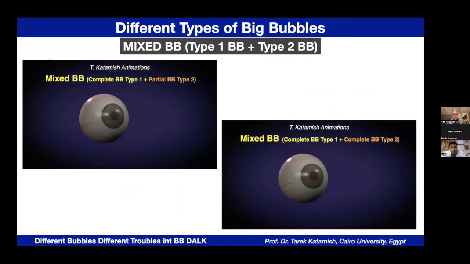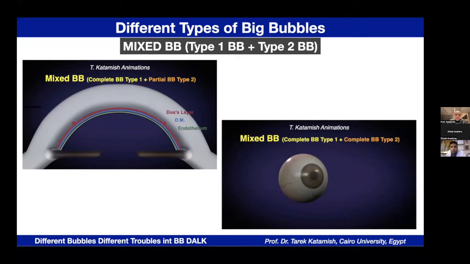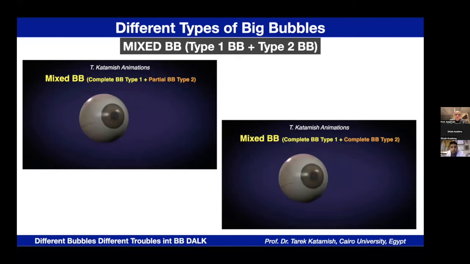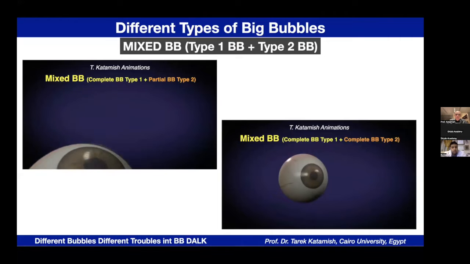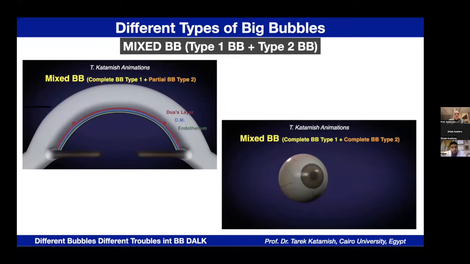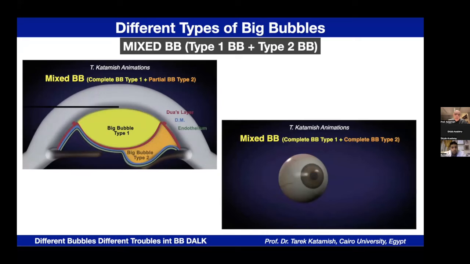We come now to a more complicated mechanics, what we call the mixed big bubbles. We have 2 types of mixed big bubbles. Either we have a complete big bubble type 1, in yellow color as you see, and another small partial big bubble type 2.